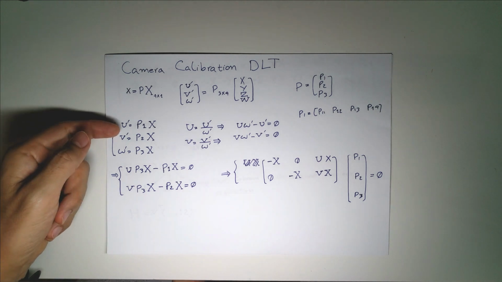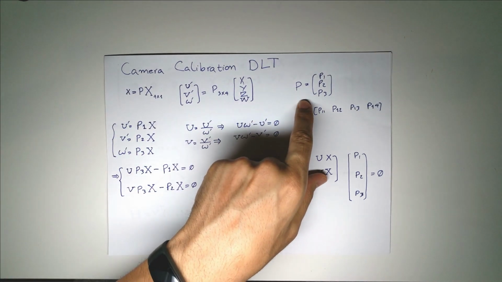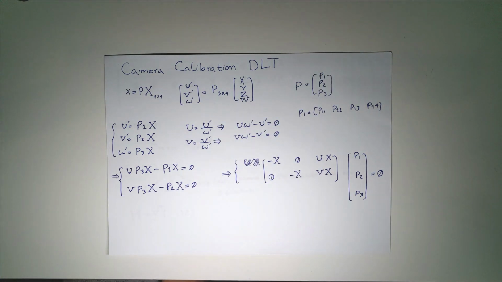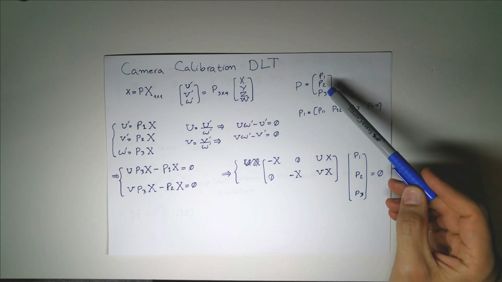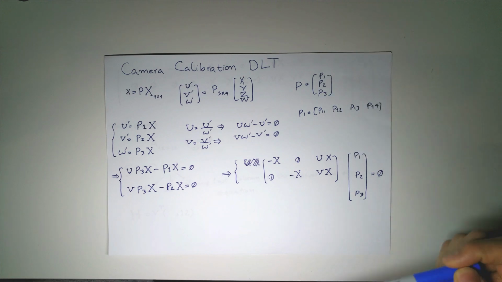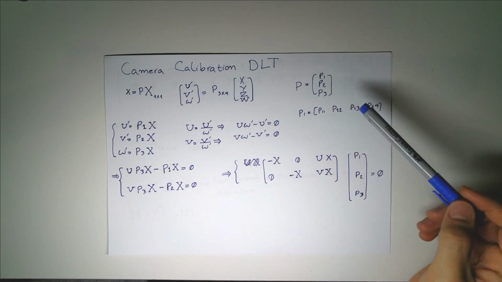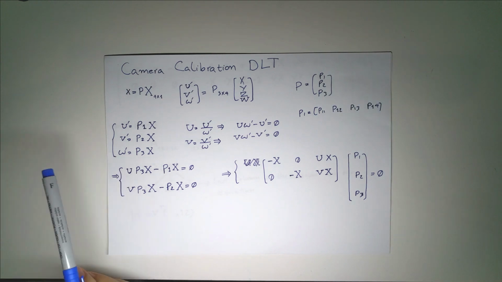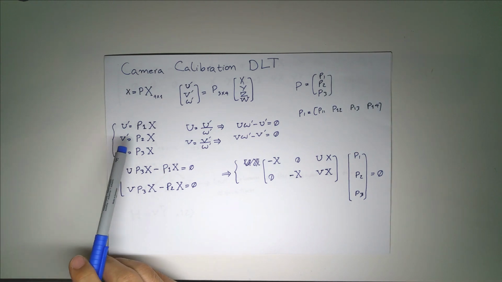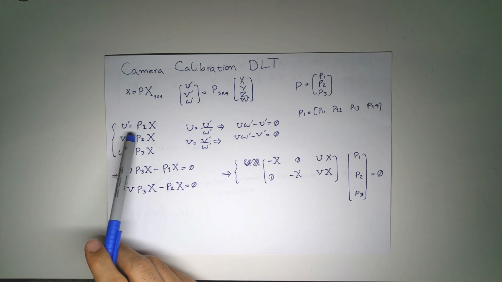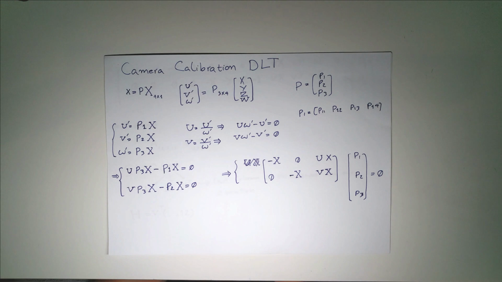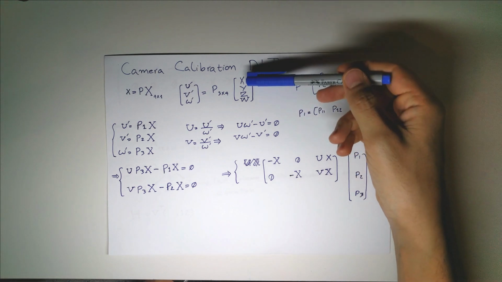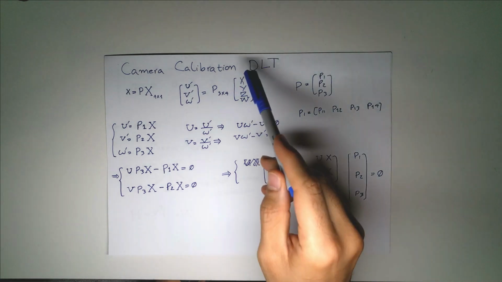I can write the P in the form of P1, P2, P3: P1 just the first row, P2 second row, P3 third row, just like that. I'm not doing anything special. U prime is equal to P1 multiplied by X, this point, this vector.